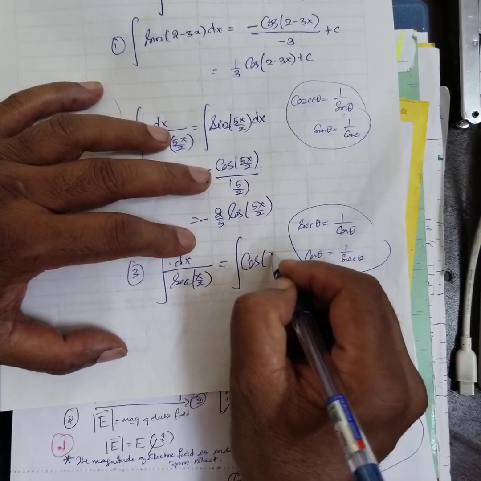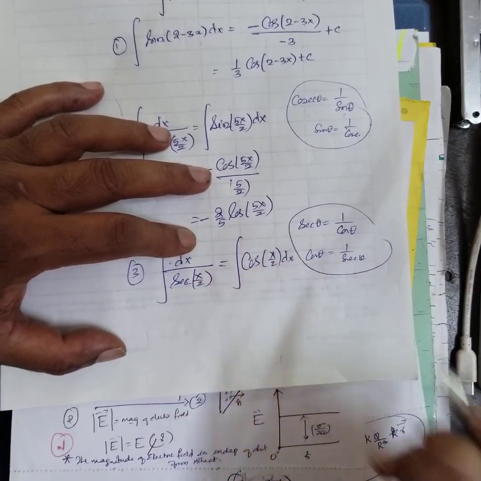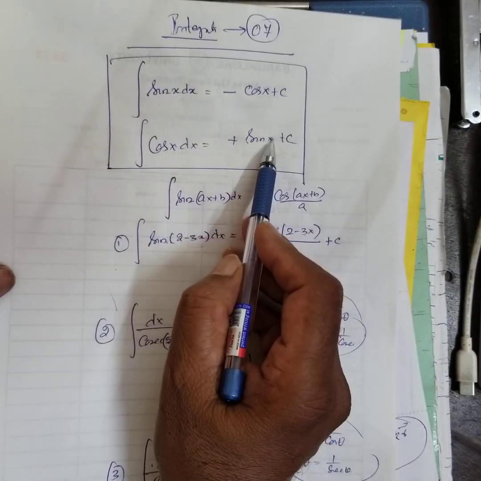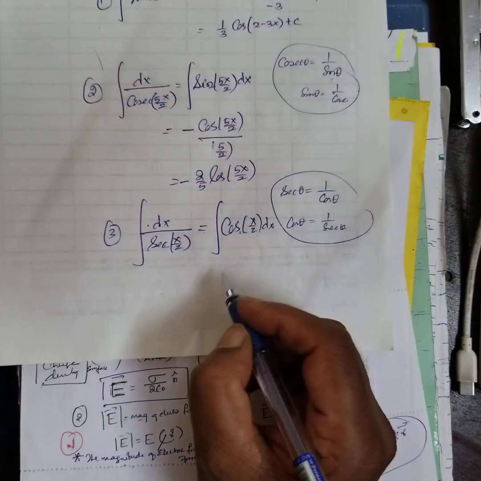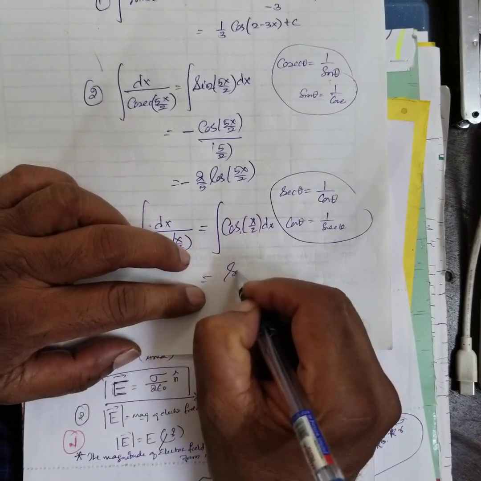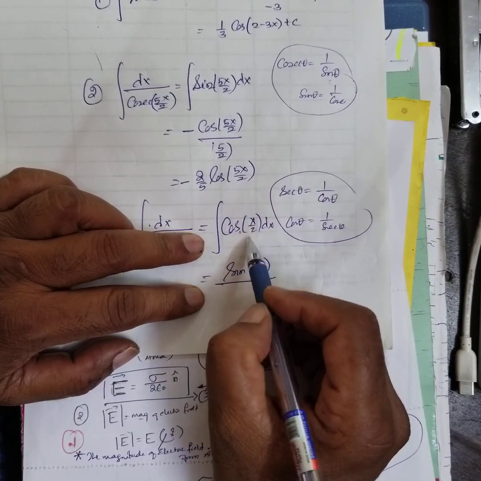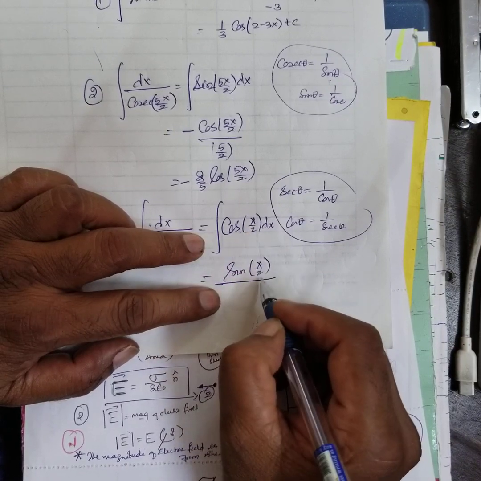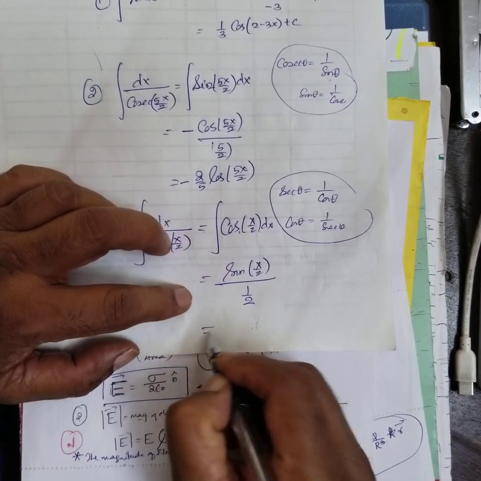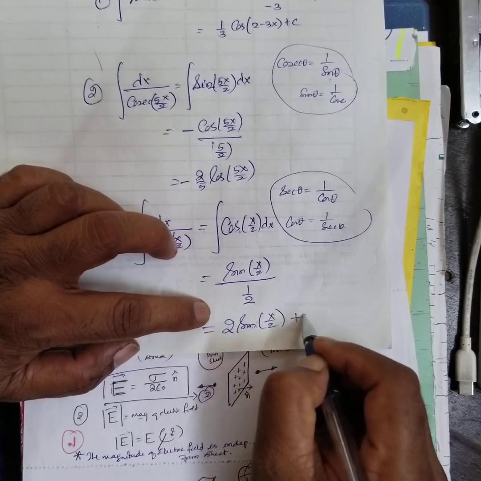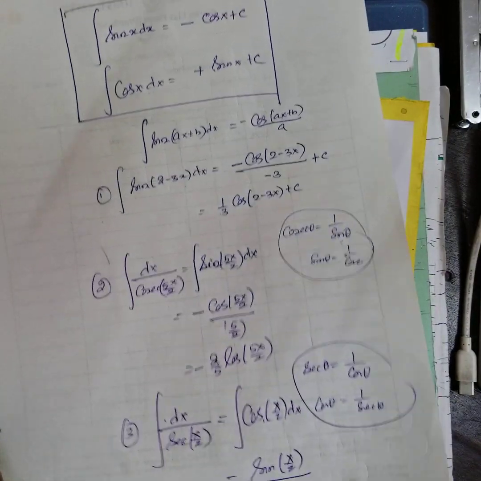Therefore cos(x by 2) dx. Integration of cos is what? Sin x. Therefore you get sin(x by 2) by, what is coefficient of x by 2? Half. Therefore the answer is 2 sin(x by 2) plus c, which you have done.